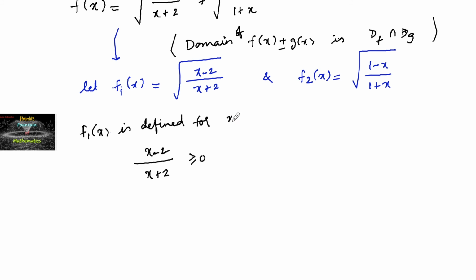By taking the wavy curve, we can take the two points here, minus 2 and plus 2, and both are linear factors with odd powers. So we can start taking the curve from the right side, and it changes from positive to negative and negative to positive.